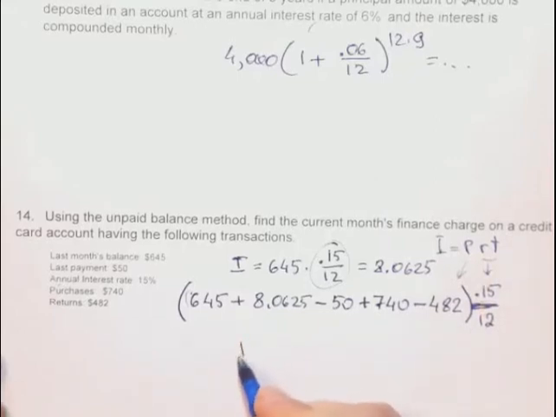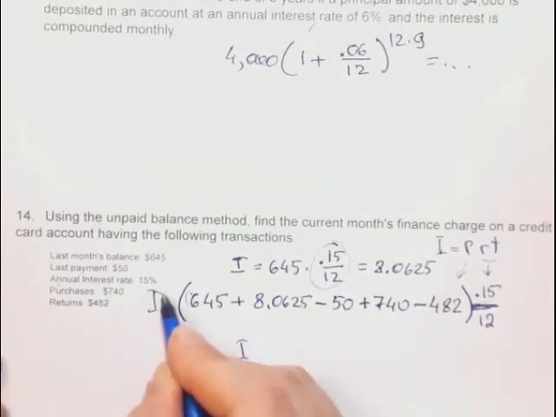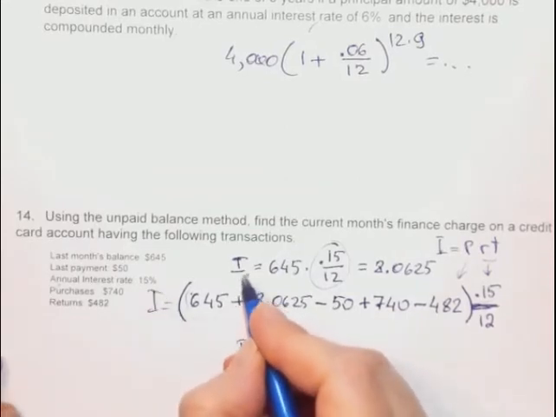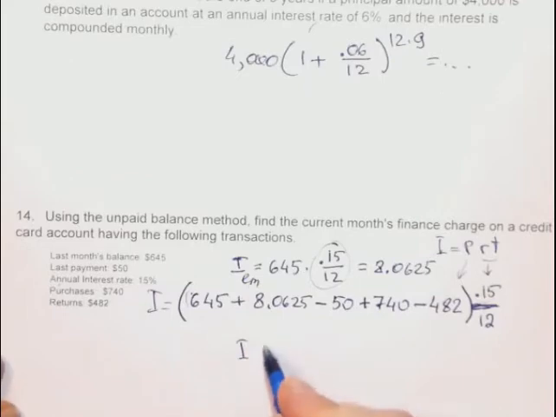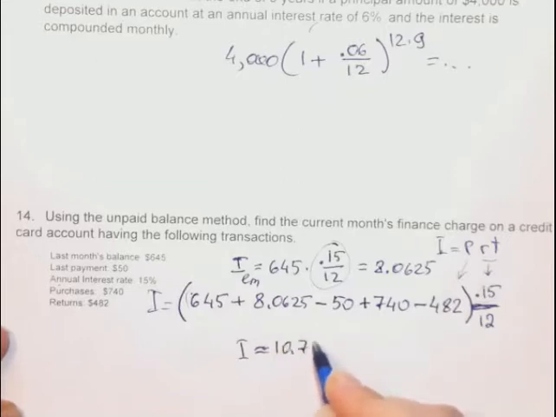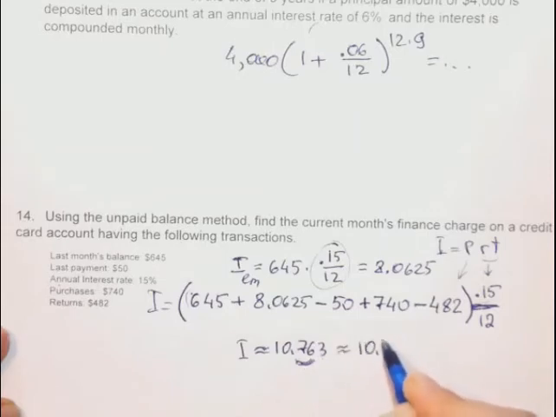So this finance charge for this month will be approximately 10.763. We must round to 2 decimal places, so 3 will be rounded down, so it is approximately 10.76. $10.76.